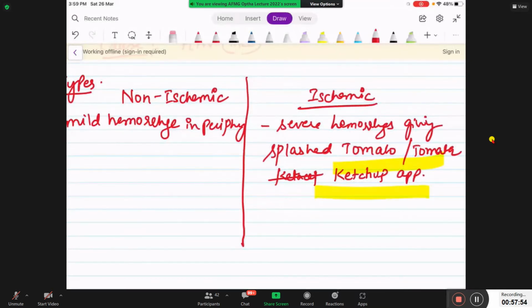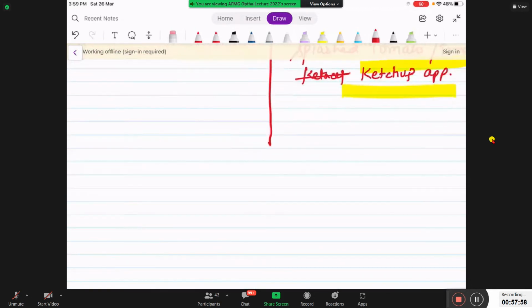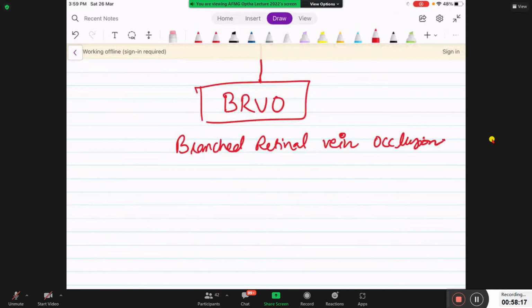Okay, clear? Now next heading, write down BRVO. BRVO is branched retinal vein occlusion. Branched retinal vein occlusion means these are the vessels.